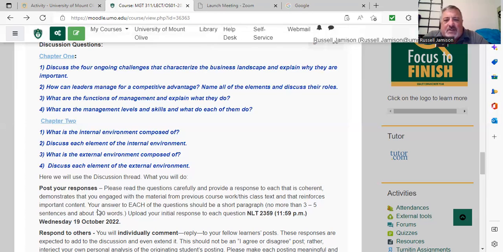Okay, we don't ask these questions just to be a pain in the rear or because we just want to give you busy work. We're trying to ensure that you've actually read the text and that you understand the information presented in the text. Because I don't see you face to face for a seated class, this is kind of the next best thing that I have to see that you at least understand some of the information that's provided.